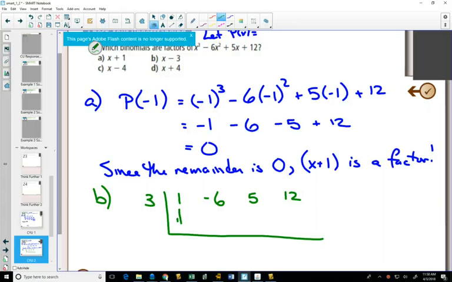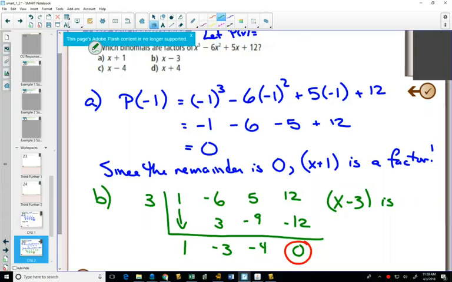I'd put a positive 3 out here, so 1, multiply, add, multiply, add, multiply, add. And that last value is our remainder. So we can tell on this one that x minus 3 is also a factor.